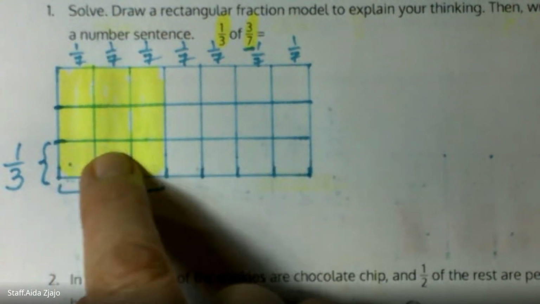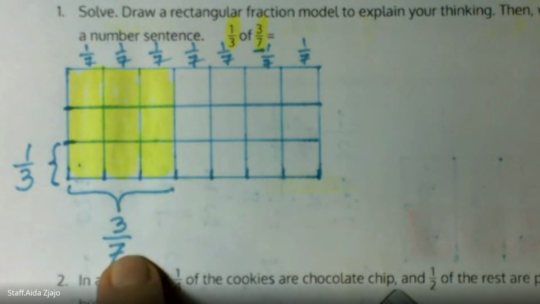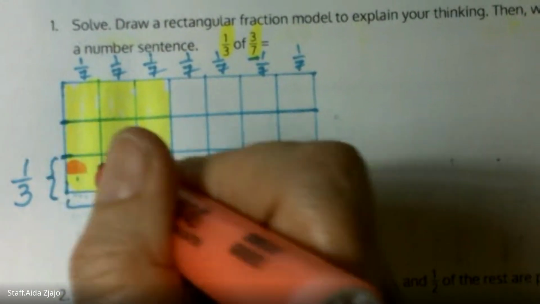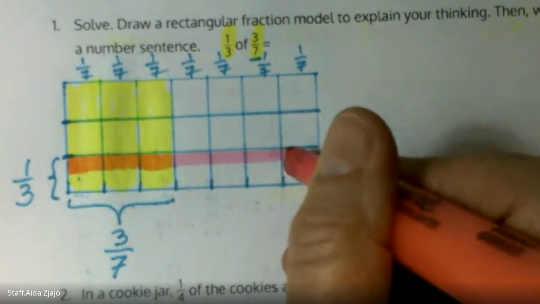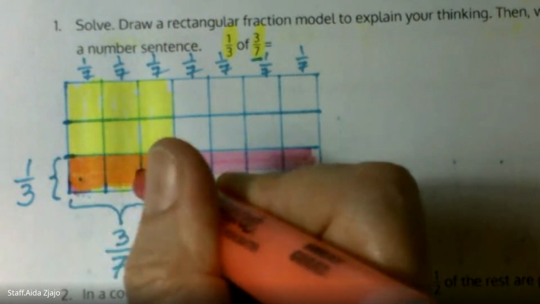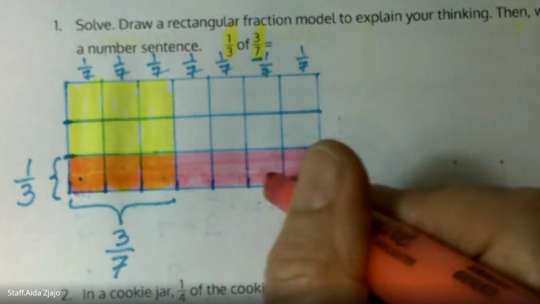So 1/3 would be this part right here, a 1/3 of this. But I can show you that this whole thing is 1/3 horizontally. You can see that the mixed or darker color here is actually my answer.